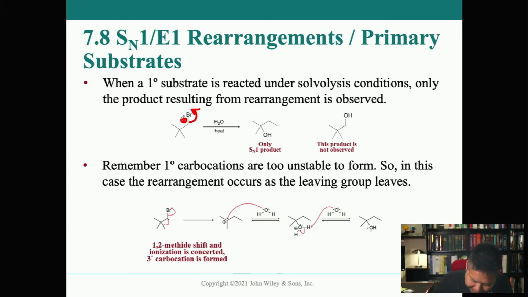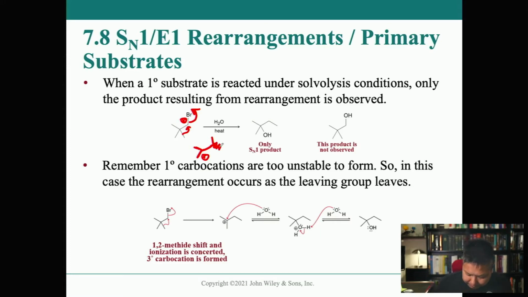So we can have a methide shift where this methide comes over here, and then you're left with the tertiary carbocation now, which is far more stable, okay? Forget that line down there.